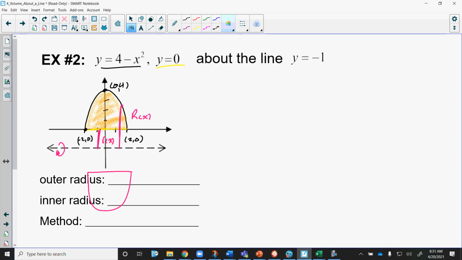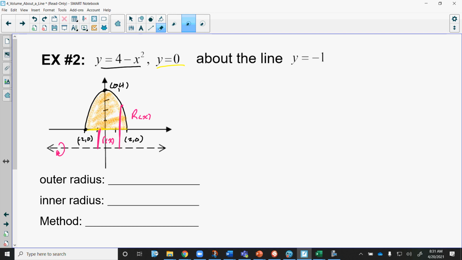The way that we determine those: on the last example, we took the line and we substituted our function from the line, and that was because the line that we were rotating it around was above the x-axis. Here in this case, because the line is below the x-axis, we're going to do it the other way around.